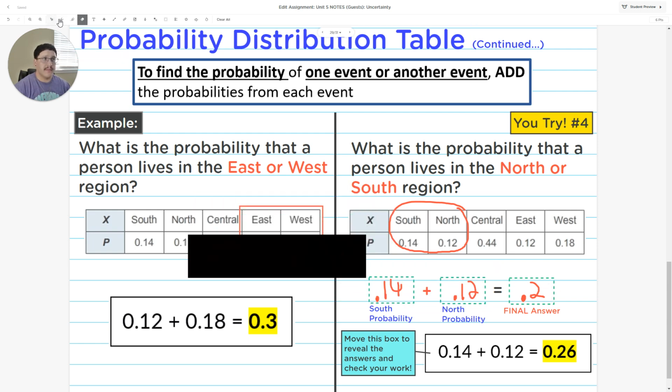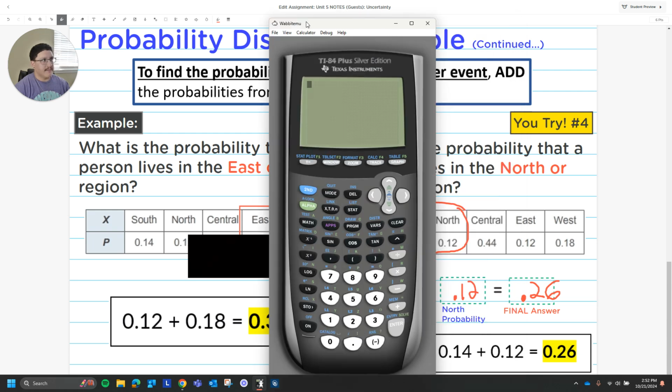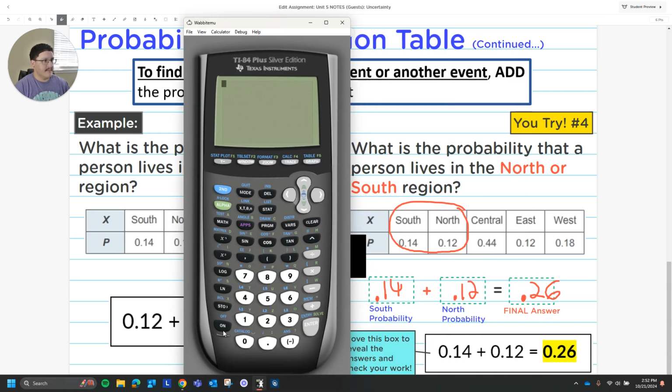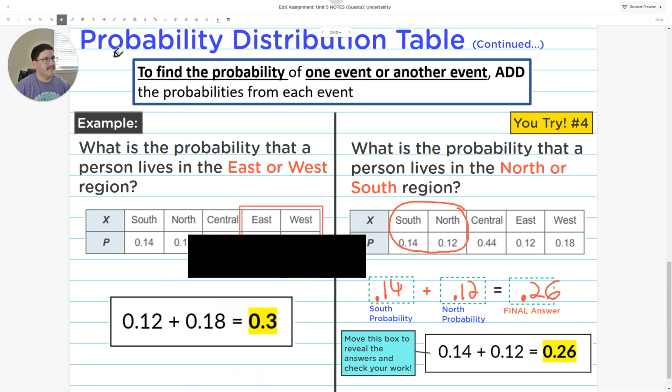I did that wrong. I'm glad I looked at the answer to check myself there. I probably should have done this in the calculator instead of relying on my head here. 0.14 plus 0.12 gives me 0.26. There we go. That's it for you try number 4.